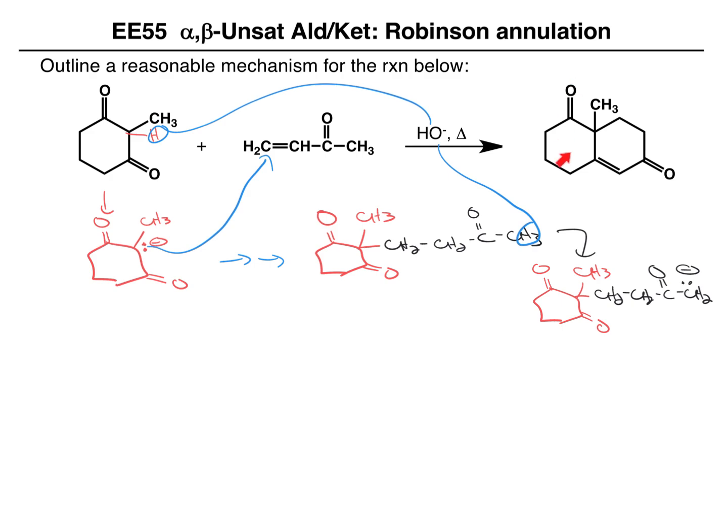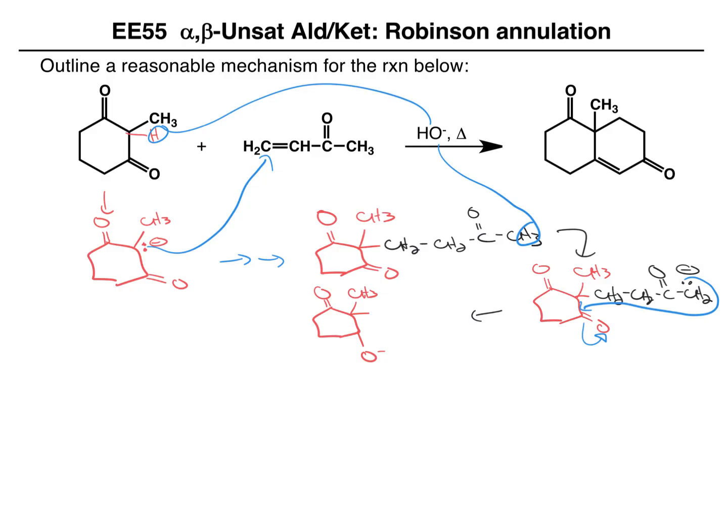Notice in our final product, we have the six-membered ring, we have the carbonyl up here, we don't have the carbonyl here. So let's make it easy for ourselves and show this enolate adding to this one, even though it is equivalent to this one. Let's just add it to this one. So if these electrons come over here, add to the carbonyl carbon, push these electrons up onto the oxygen, that is going to give us this O minus.